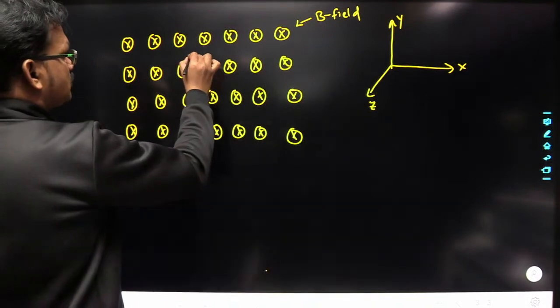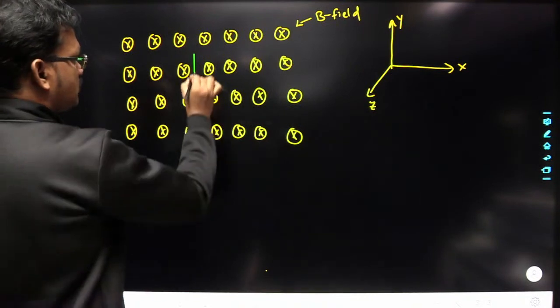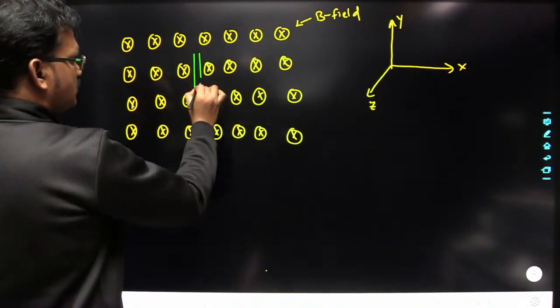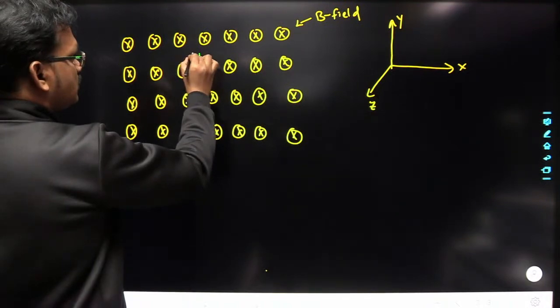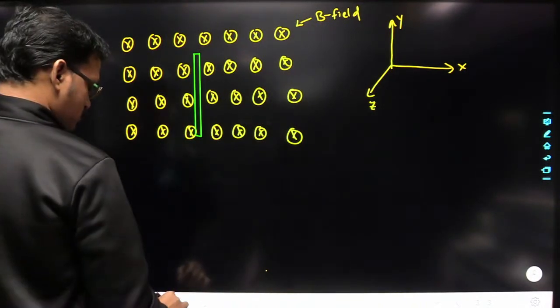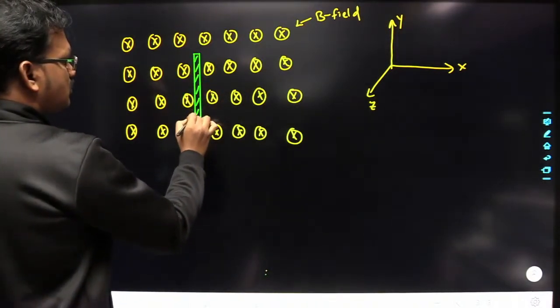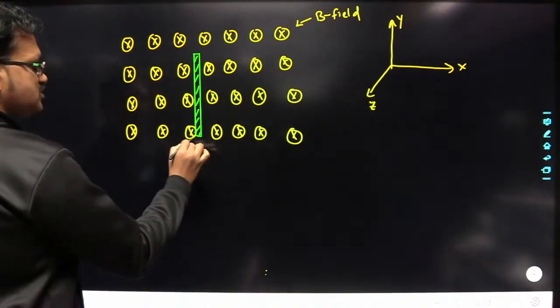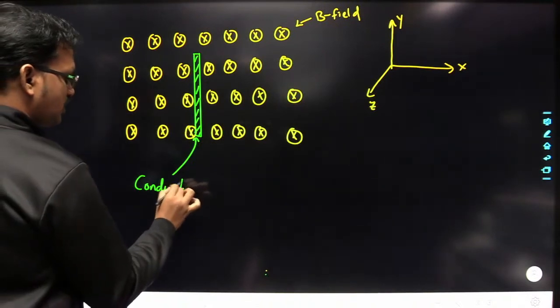Let us consider this is a conducting bar.